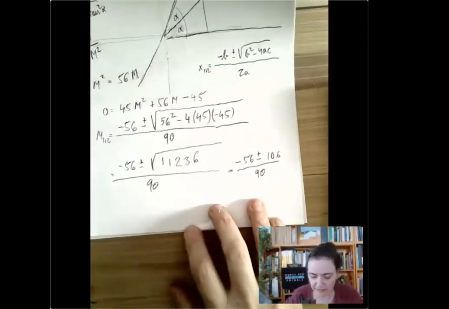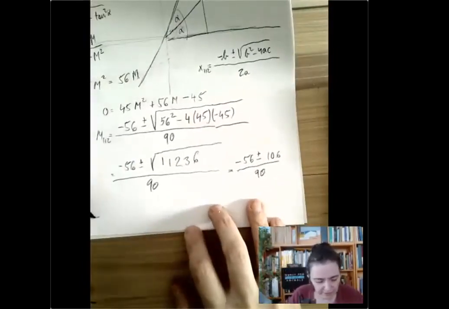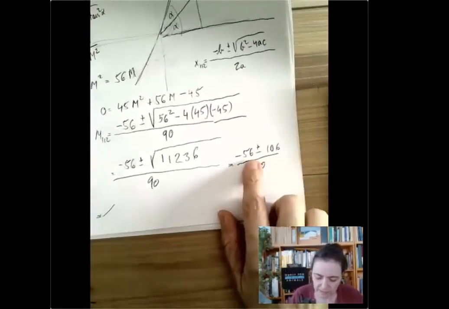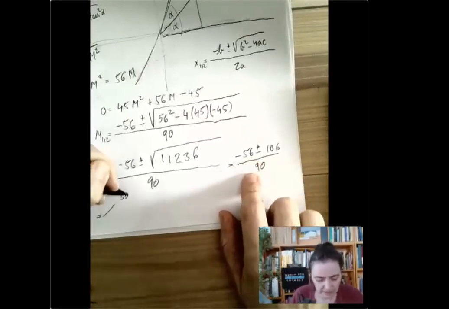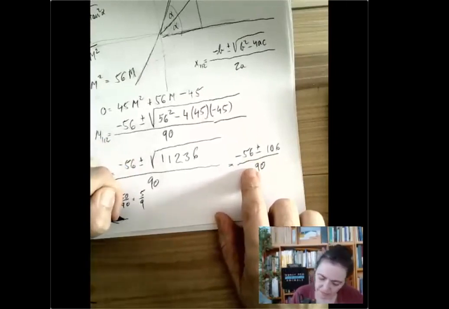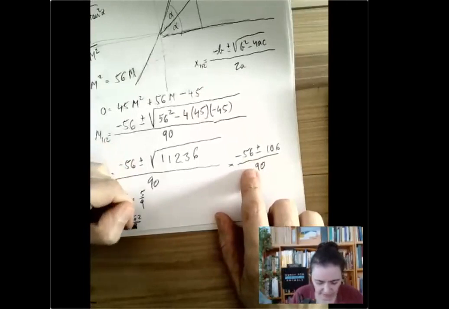Well, let's see, what do we have? So when we add, 106 minus 56 is 50, divided by 90 is 5/9. And when we subtract, we get negative 162 divided by 90.